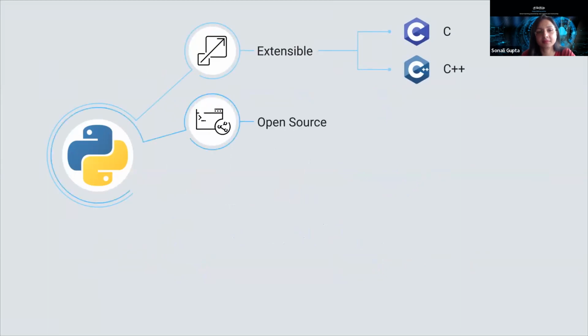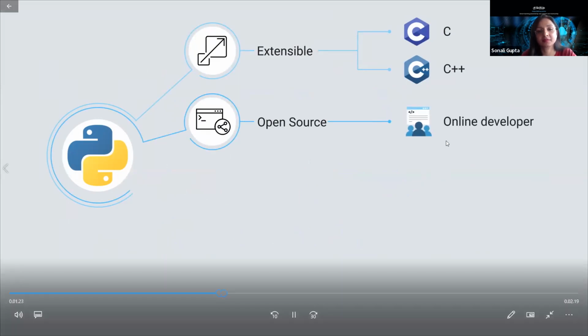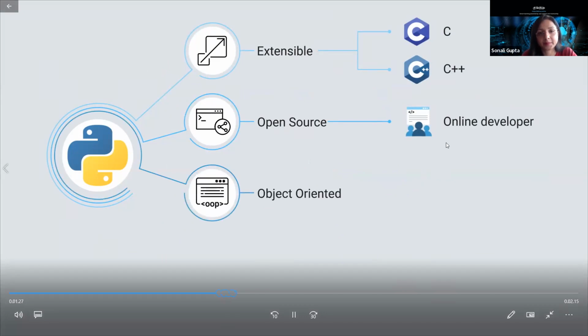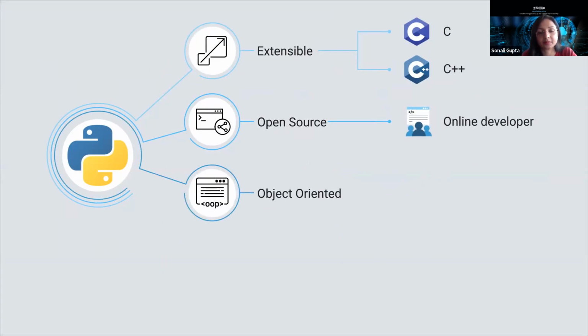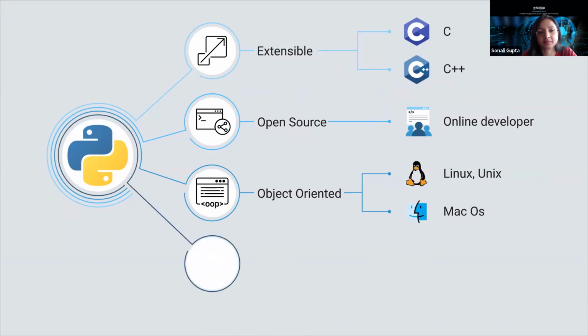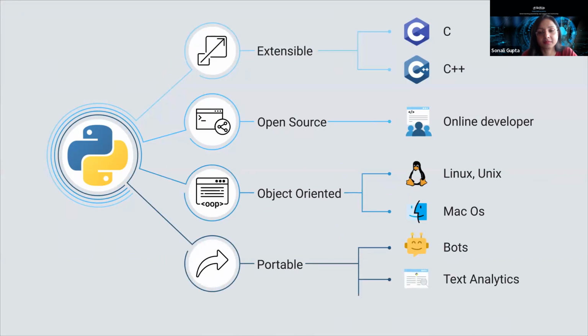It is an open source language and highly popular among the online developer communities. Python is portable language. A Python code written on Windows platform can easily be run on Linux, Unix, and Mac OS. This need is accelerating the deployment of AI/ML applications like bots, text analytics, NLP, and more.